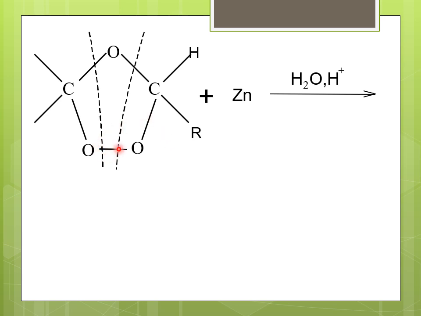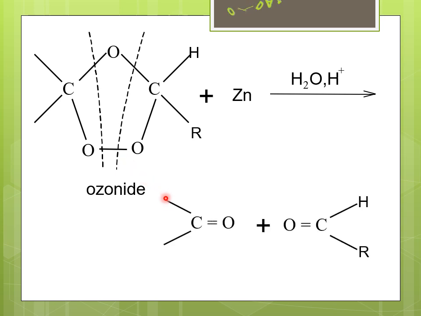Ozonide is also an unstable compound, so it is going to break up into several parts. So it is going to form a ketone if it has 2R, and an aldehyde if it has 1R.